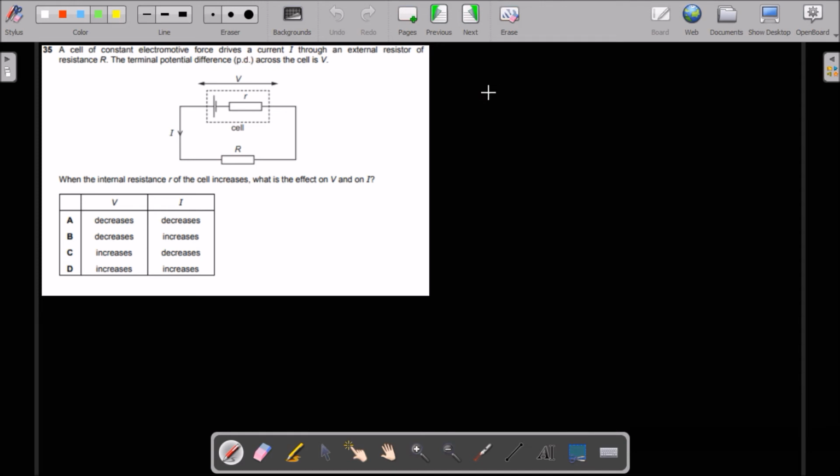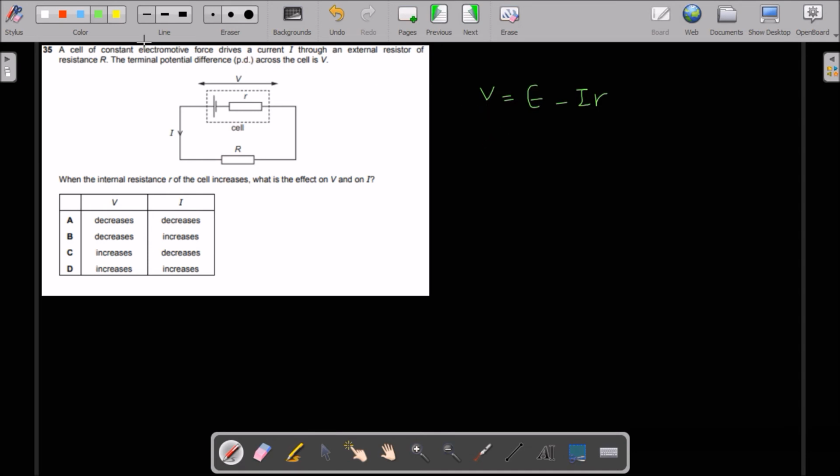We know that when there is an internal resistance for a battery, V can be electromotive force minus Ir. Ir is called lost volt for battery.